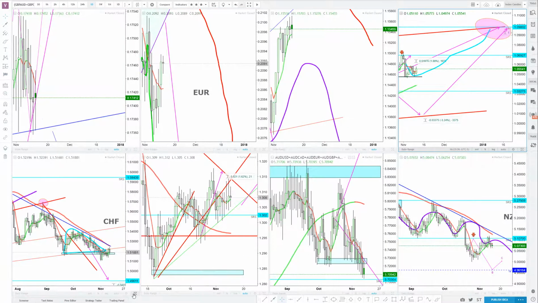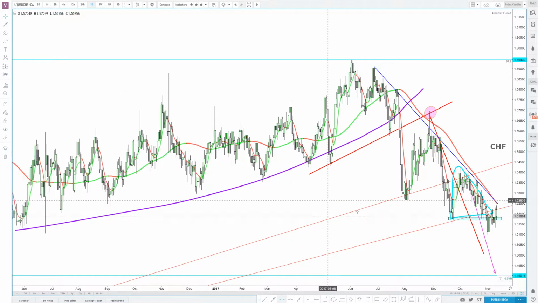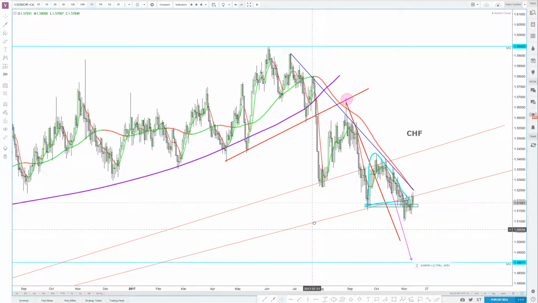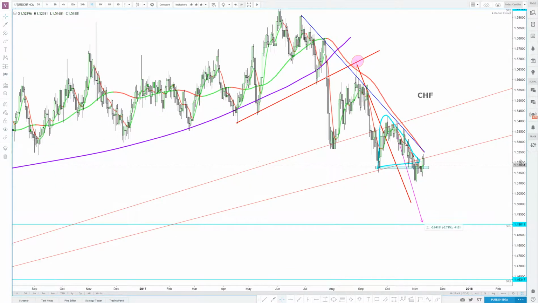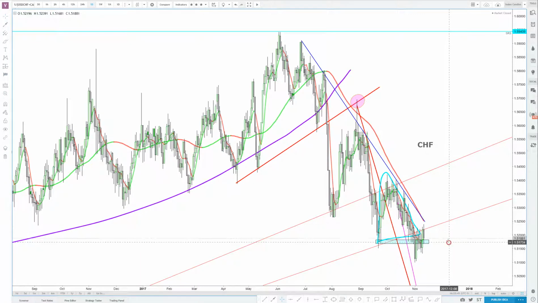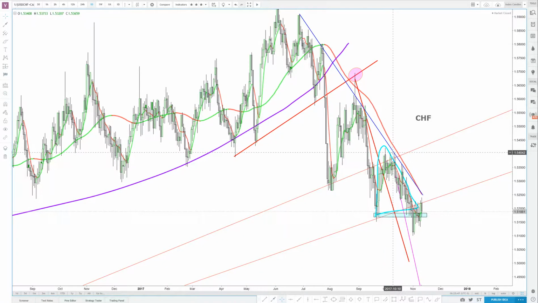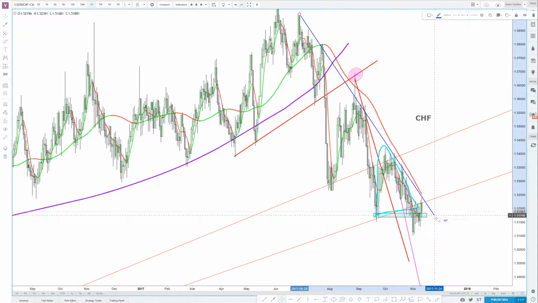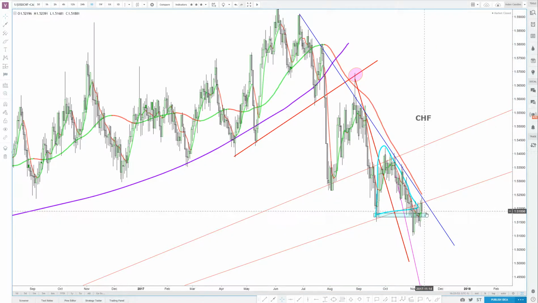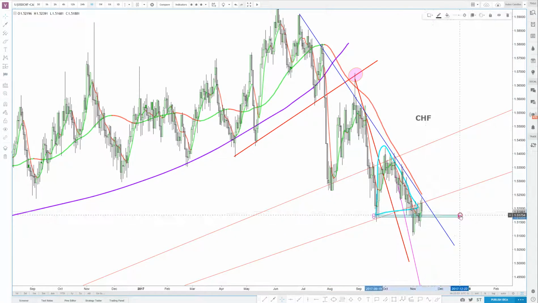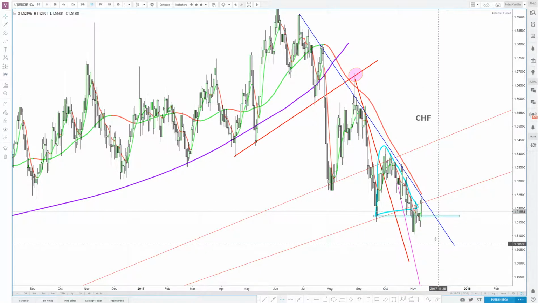Let's look at Swiss franc. So Swiss franc is interesting here because, as we talked before, if it starts trying to break this trend line, let me extend it, we can see a move upwards.